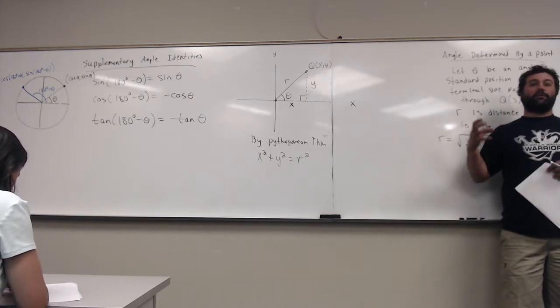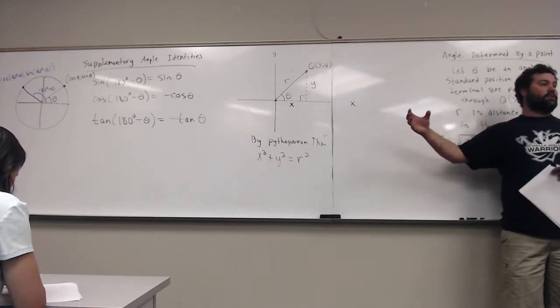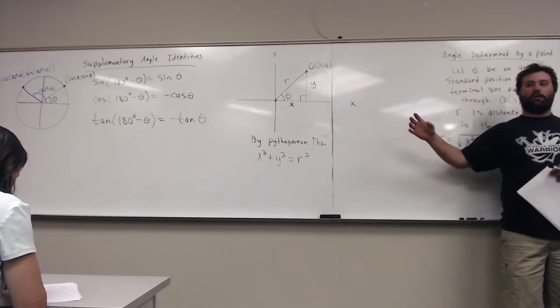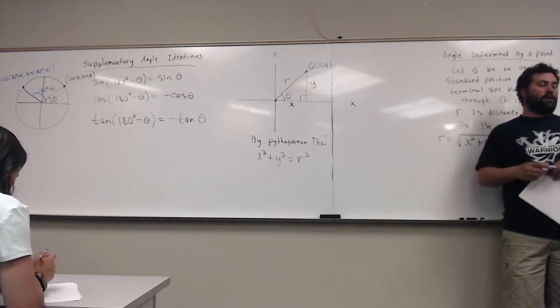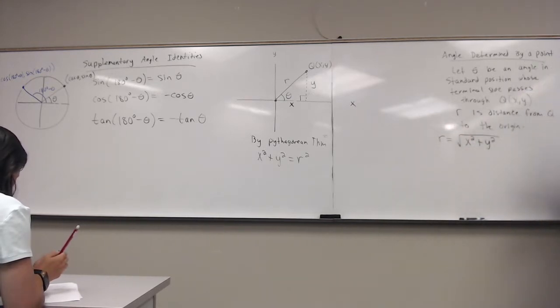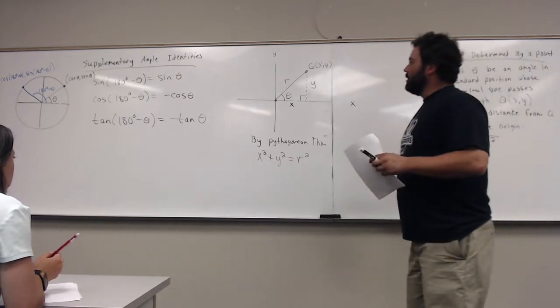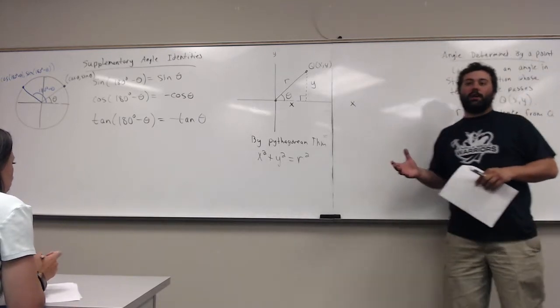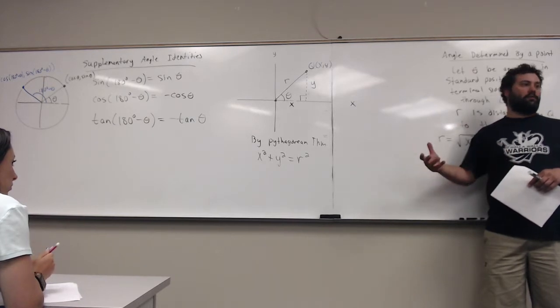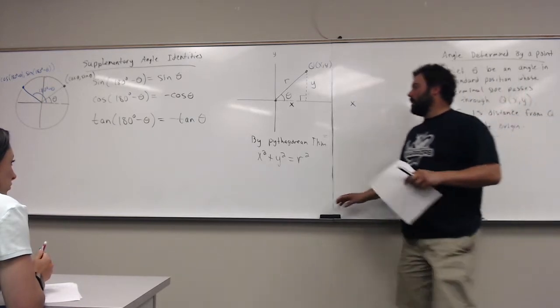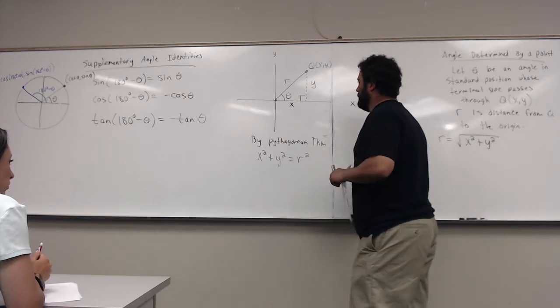I would rather just have everybody draw the picture and use their triangle trigonometry to recover the angle. Maybe use arctan, arcsine, arccosine. So there is a formula for the angle, but I like to just draw the picture and heuristically reason out what the angle should be, rather than try and memorize a formula every time.